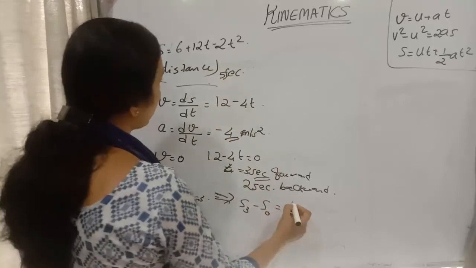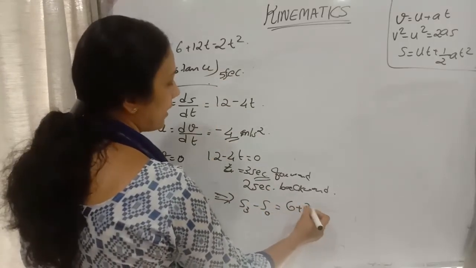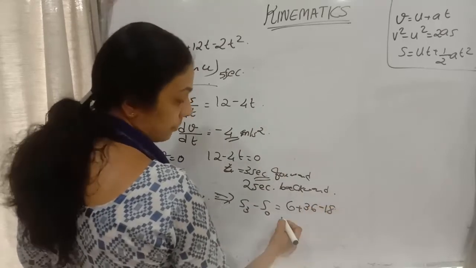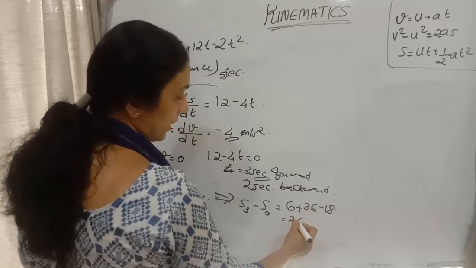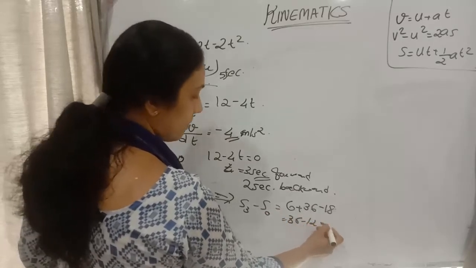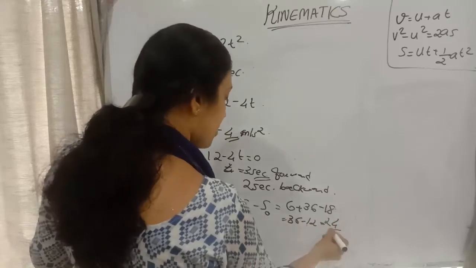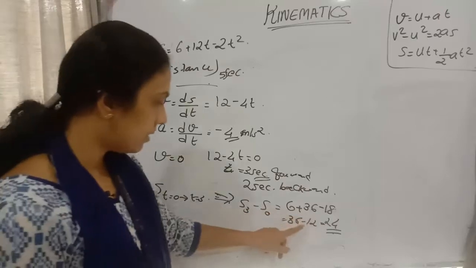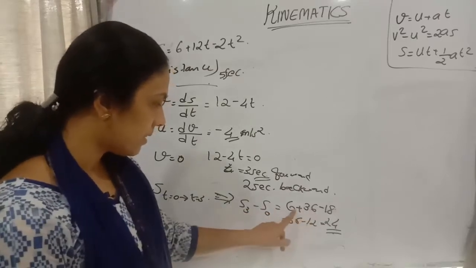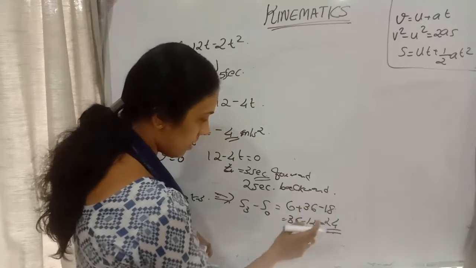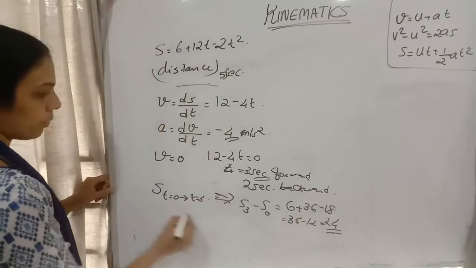S in 3 seconds is 6 + 12 × 3 = 36, minus 2 × 9 = 18. Here we get 36 - 12, therefore we get 24 meters.